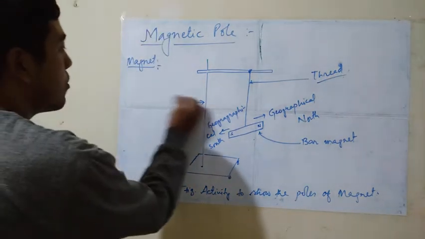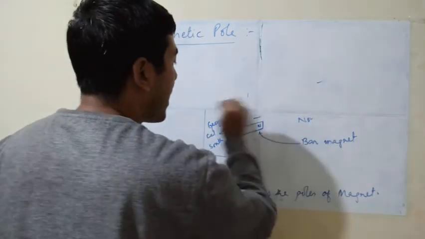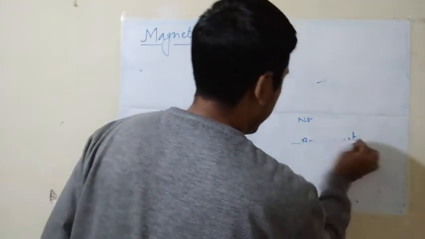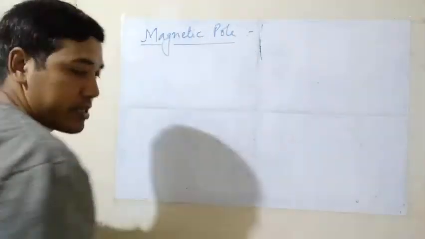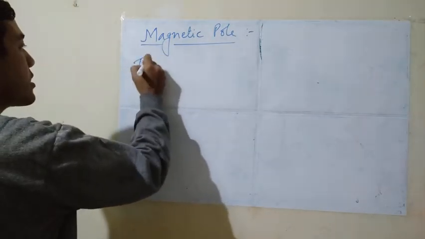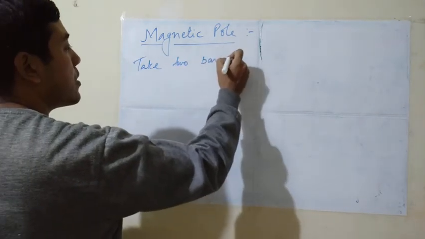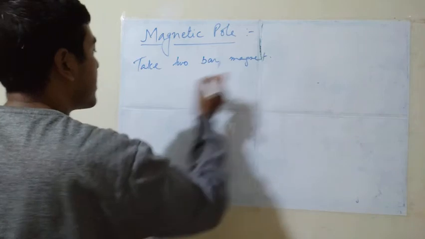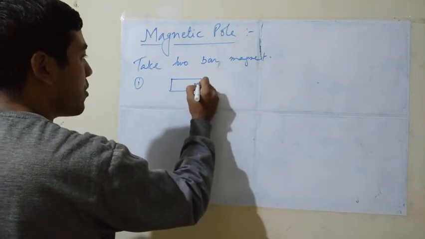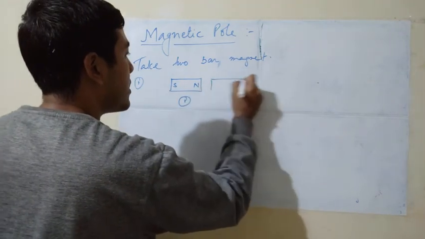Now the most important part, look here. You take two bar magnets. Again we will check the poles there. Number one, you keep these two bar magnets like this. This is the north pole of the bar magnet, this is magnet one, and you keep another one here.